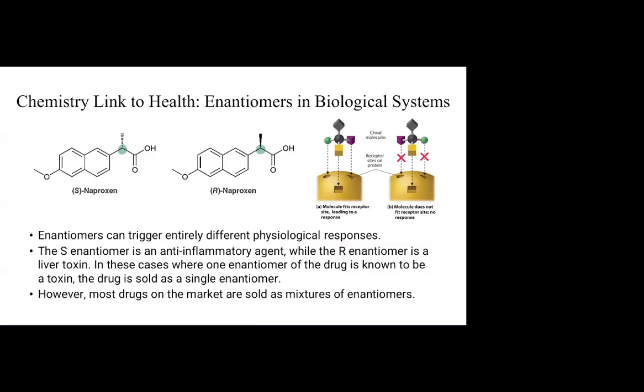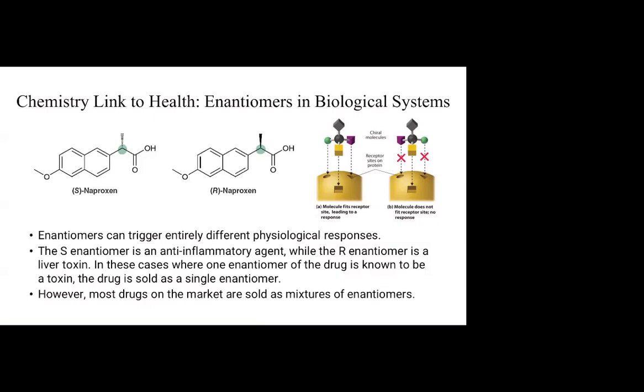Most drugs on the market are sold as mixtures of enantiomers, because in some cases, not naproxen, they have seen that of the pair of enantiomers, one works and the other doesn't cause an effect. So the company synthesizing it will say, we'll leave both enantiomers in there.